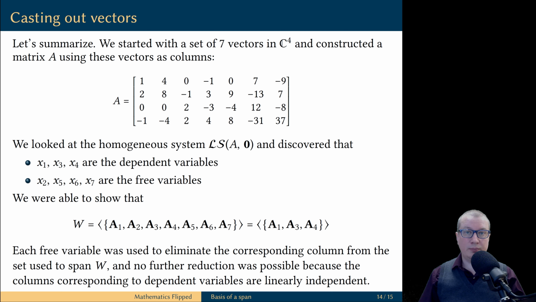These are the non-pivot columns in the reduced form of the matrix A, and we kept those columns that correspond to dependent variables, those columns that correspond to pivot columns in the reduced matrix. Moreover, no further reduction is possible because columns corresponding to the pivot columns in the reduced matrix are in fact linearly independent, as I asked you to check.